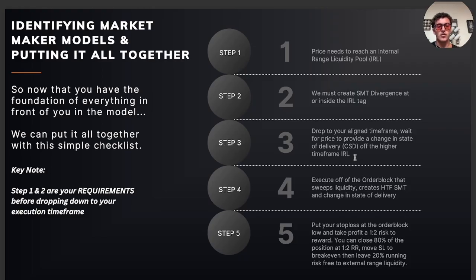You want to watch the reaction off of your higher time frame key level that creates SMT divergence on the aligned time frame, and once you see that, you'll then want to monitor the intermediate term perspective or your short term perspective depending on what your aligned time frame is, to then watch that body close or close above or below if you're bullish or bearish, to confirm your CSD to then get your first initial entry to take a position on.